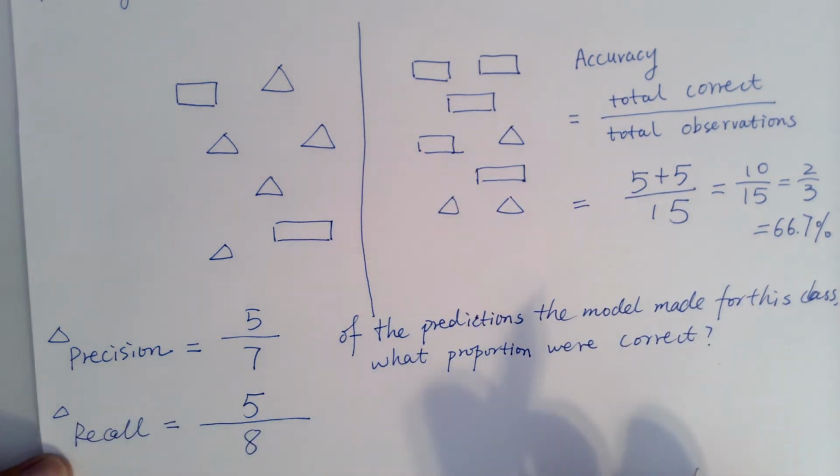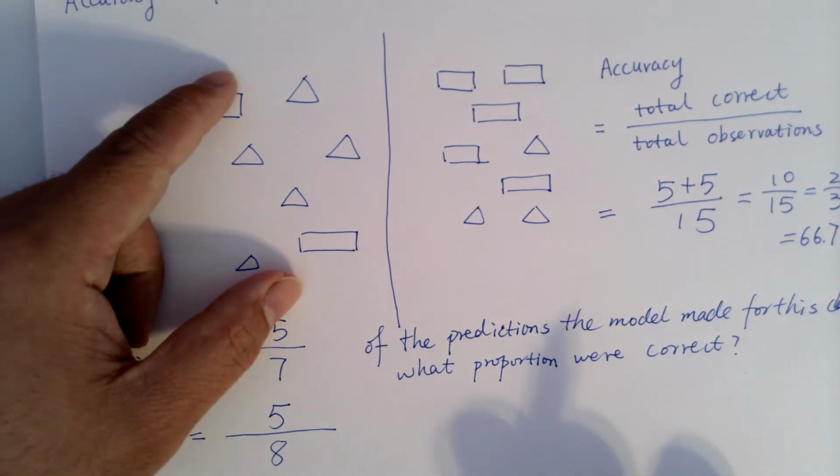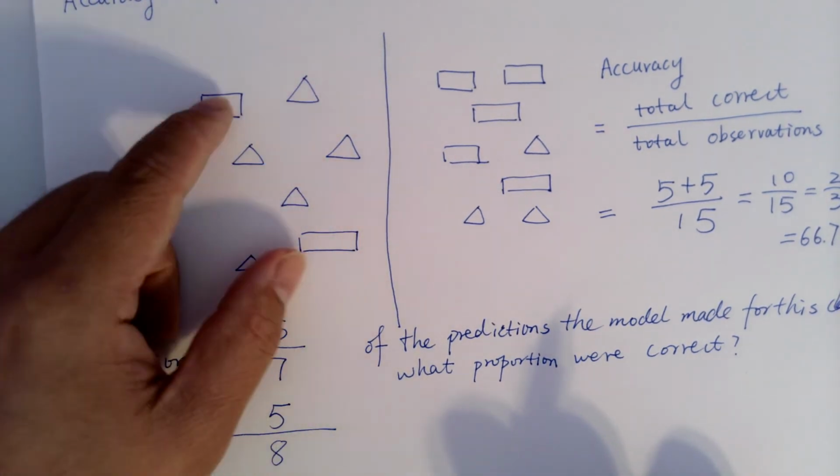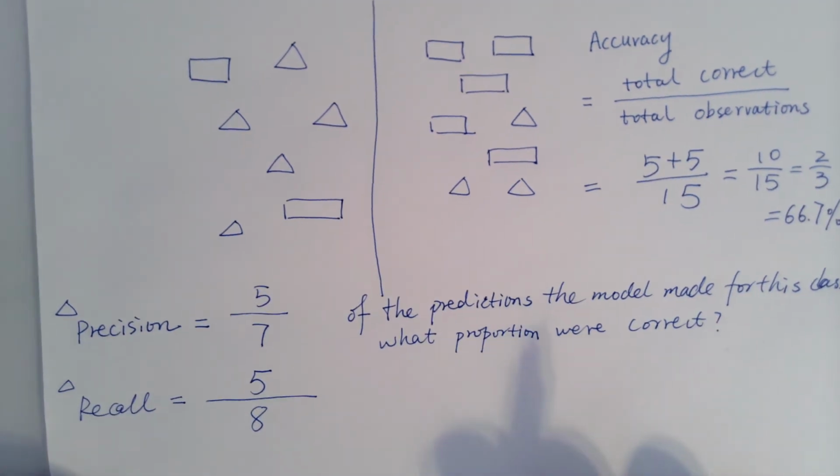Because we classify this side as all triangles, out of this part, how many are correct? That's the precision.